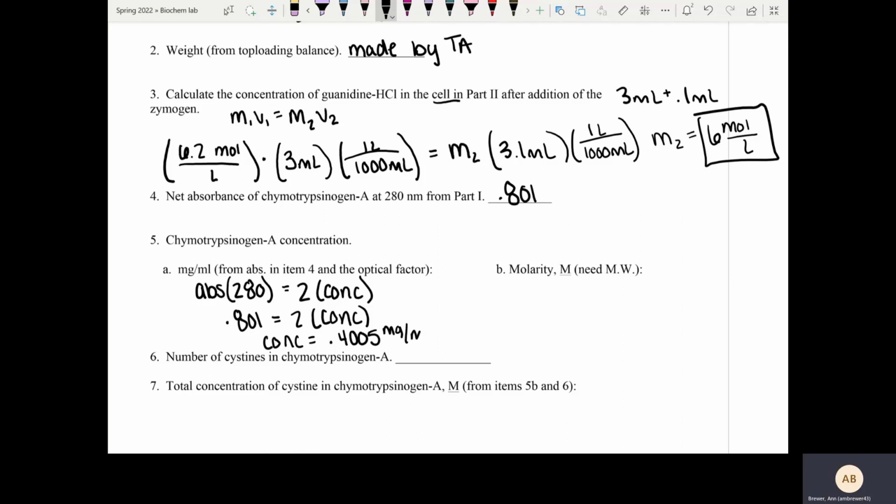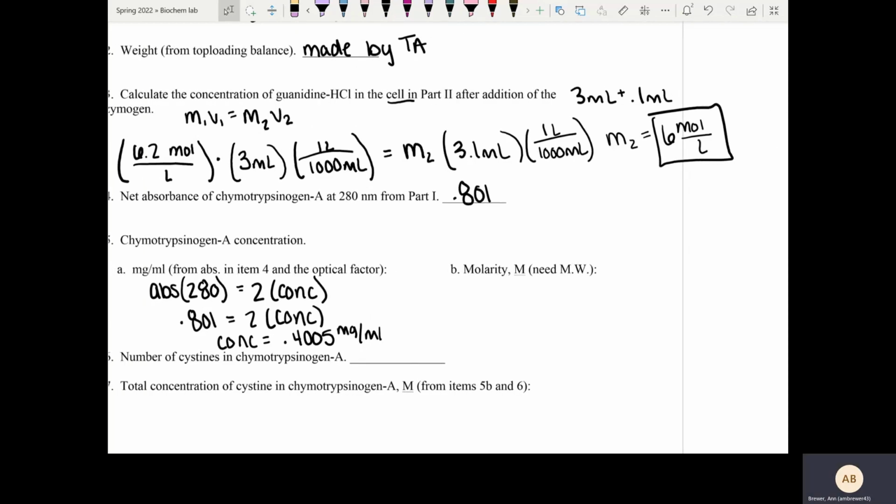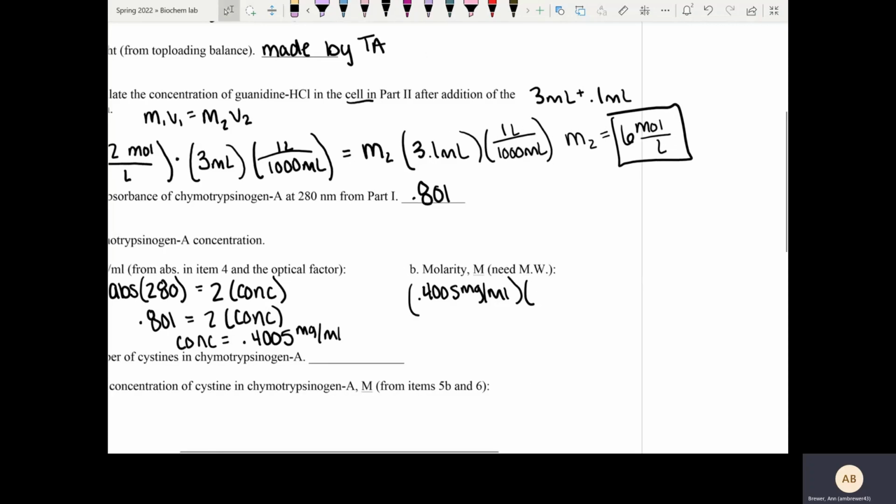milligrams per milliliter. And then to find the molarity, we take our 0.4005 milligrams per milliliter and we multiply it by, we convert milligrams to grams. So 1 gram is 1,000 milligrams. Convert milliliters to liters.